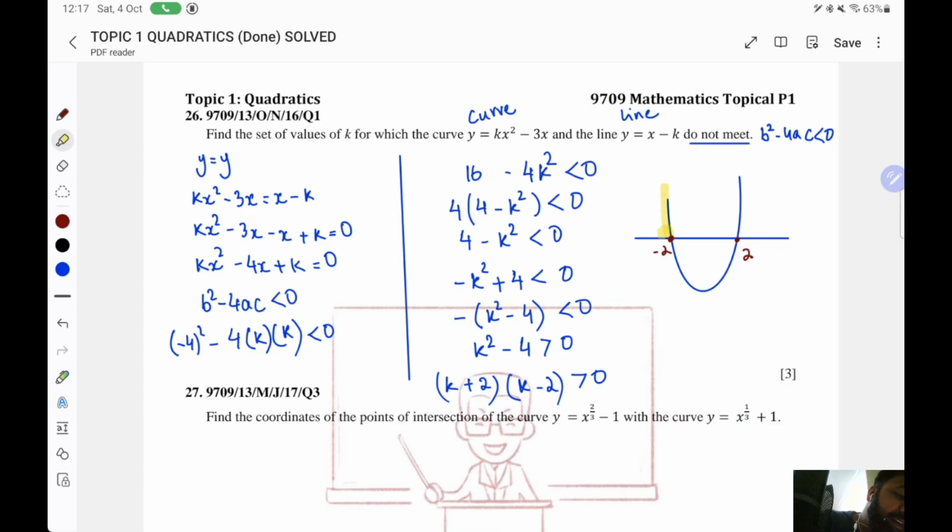Greater than means the region above the x-axis. So these are the two regions. One value of k will be for the left hand side portion, k less than minus 2, and on the right side the value of k will be greater than positive 2.